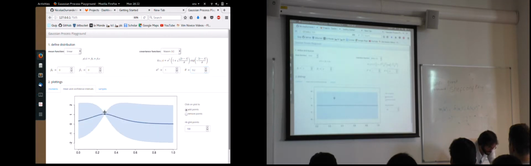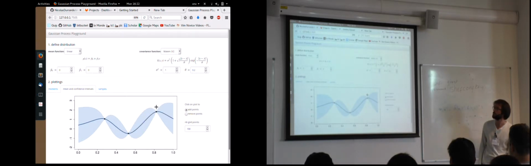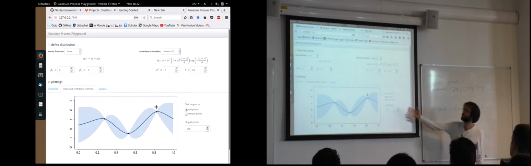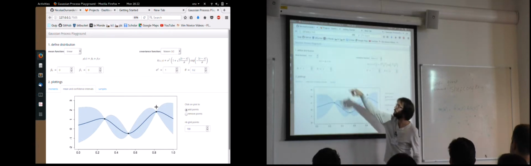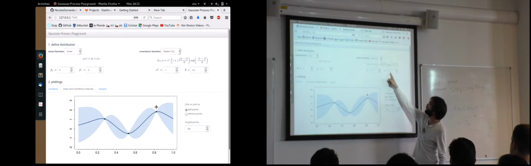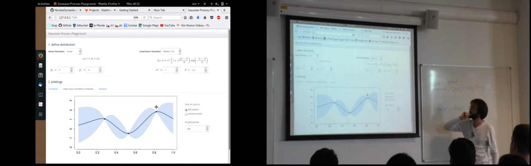So I will revert here to a smaller value of the length scale, and I will just consider a few observation points. And this is the posterior for a Gaussian process model with a Matern kernel, a 0 covariance, a variance equal to 1, and a length scale equal to 0.2.